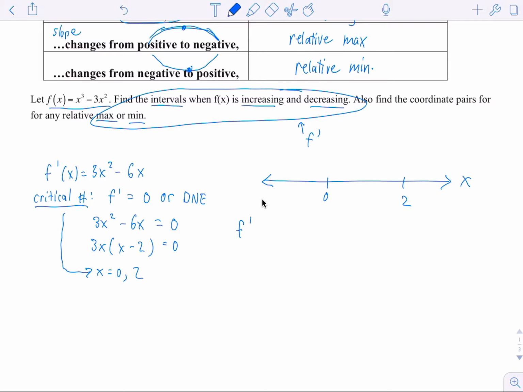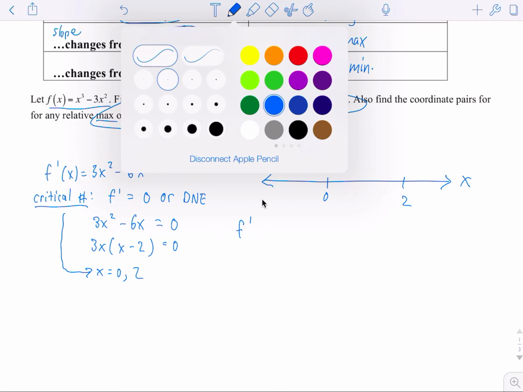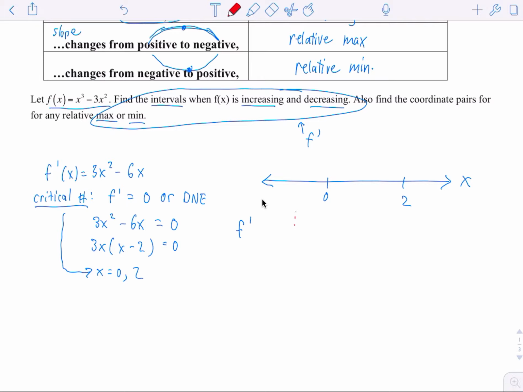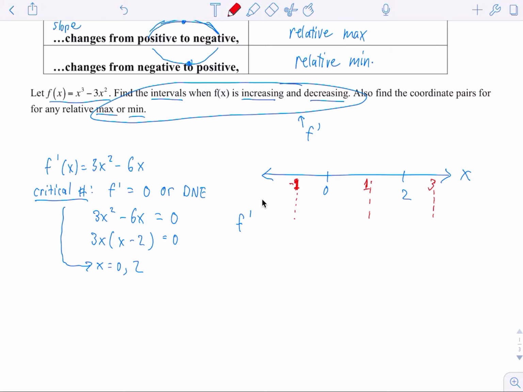I want to plug in a number somewhere here, a number here and a number here. A number to test might be -1, a test number here might be 1, and a test number here might be 3. I'm going to test those.